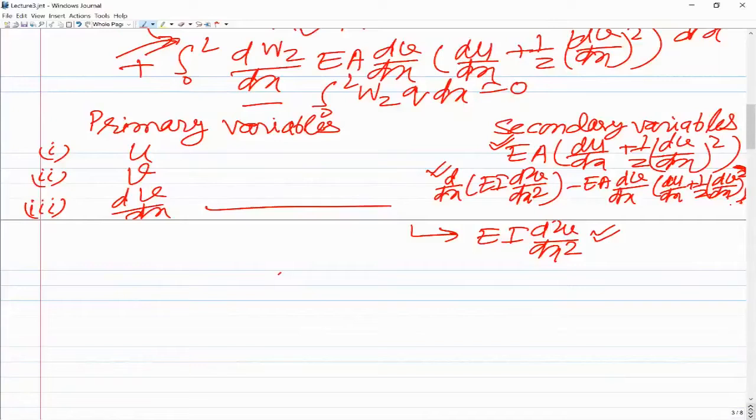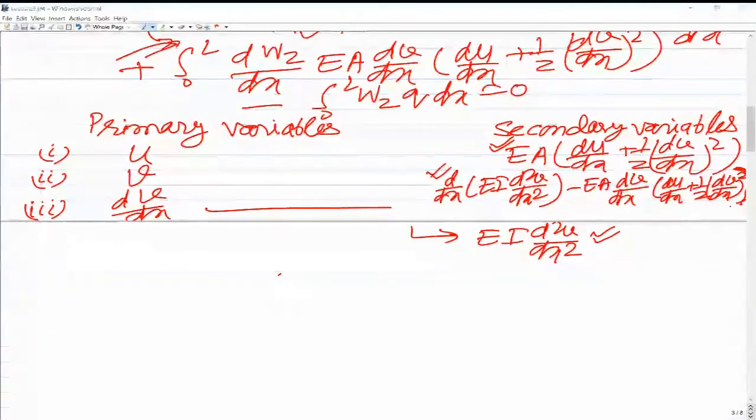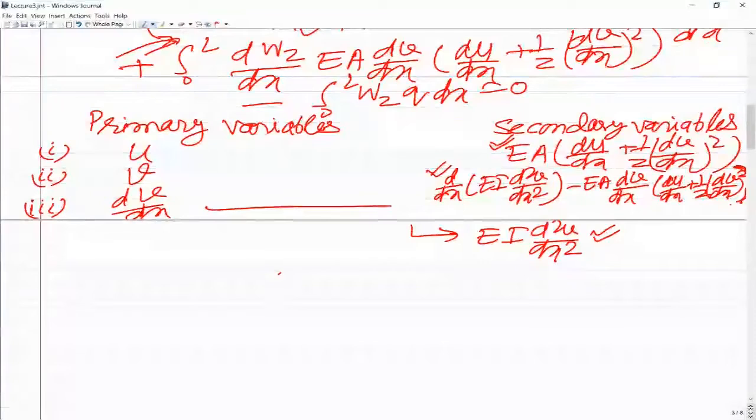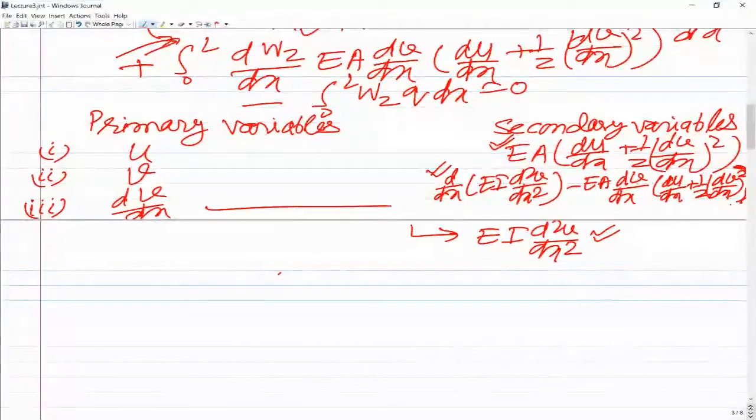Next, we want to derive the corresponding integral functional.